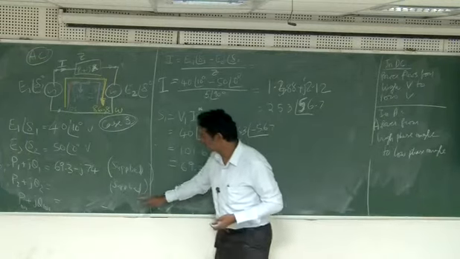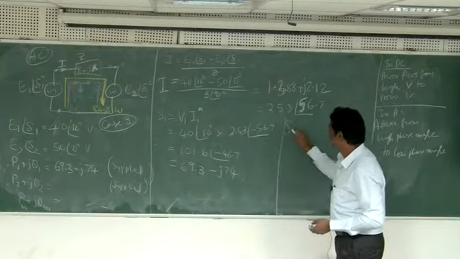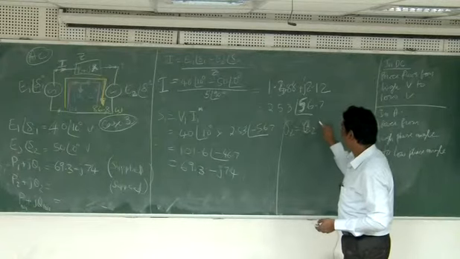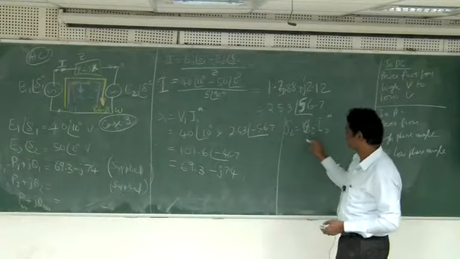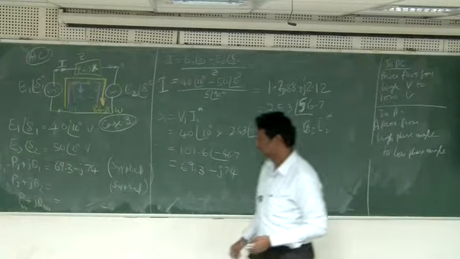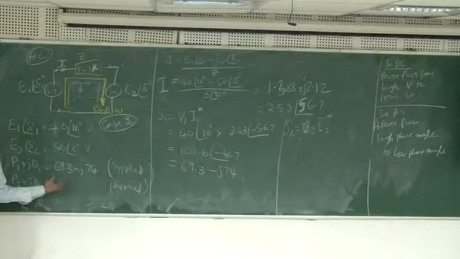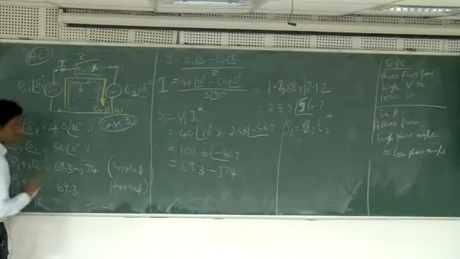What about the second case? What is S2? S2 is E2 into I2 star. Okay, the same thing. How much is that? 69 point. So it should be actually 69.3. It should be, I'll write it 69.3.